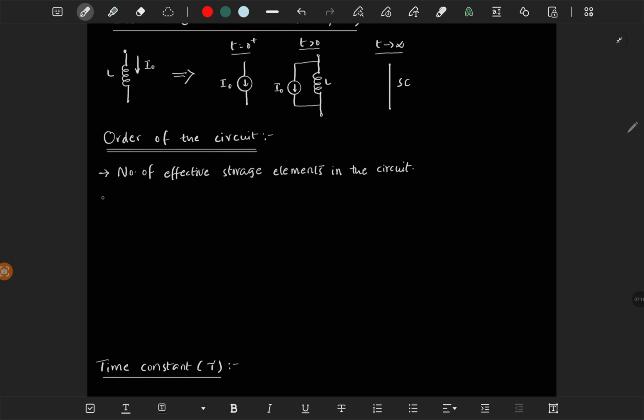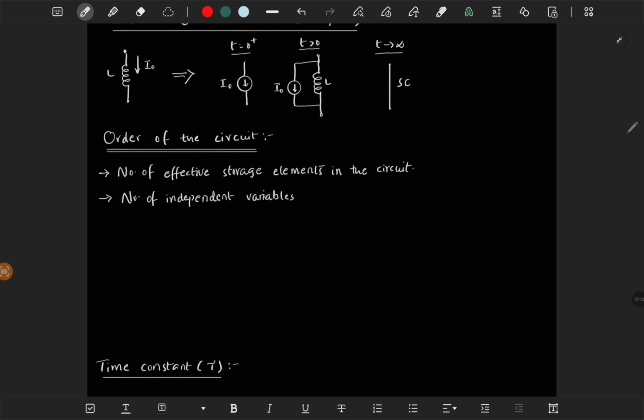And also we can say the order is the number of independent variables.